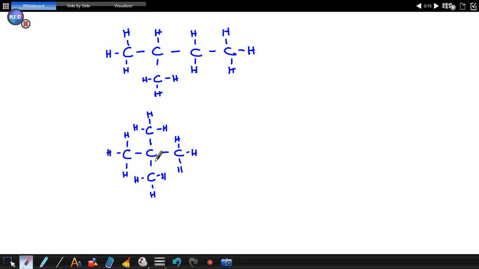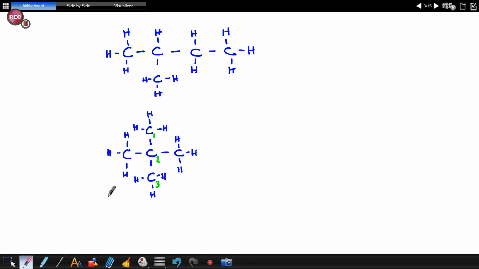How will I get the name? What we do is we need to find the longest continuous chain. Now, just to be funny, I'm going to count from the top to the bottom, because I want to show you that you must not just think of counting from left to right or right to left.